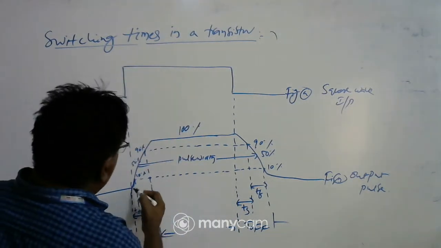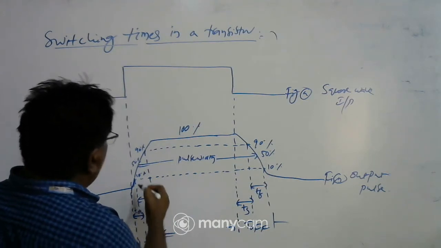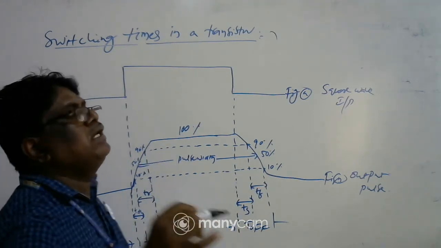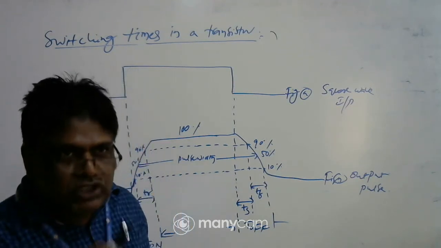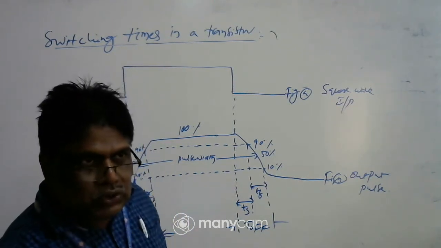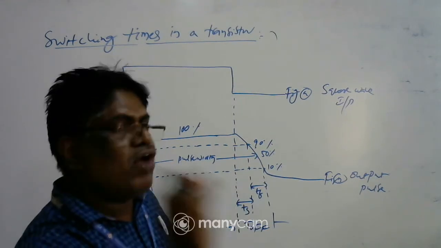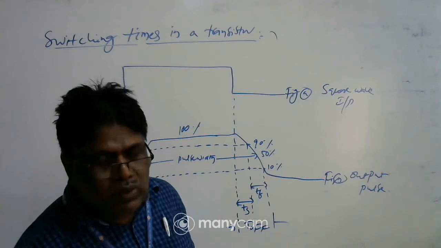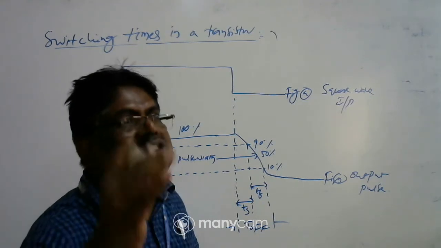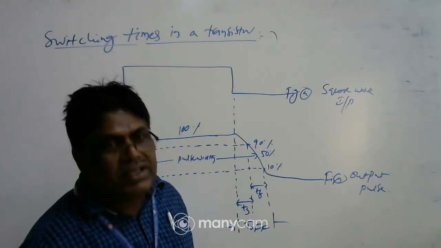From 0 to 10% of its maximum value is called the delay time. Please remember, 10% to 90% of its maximum value is called the rise time.